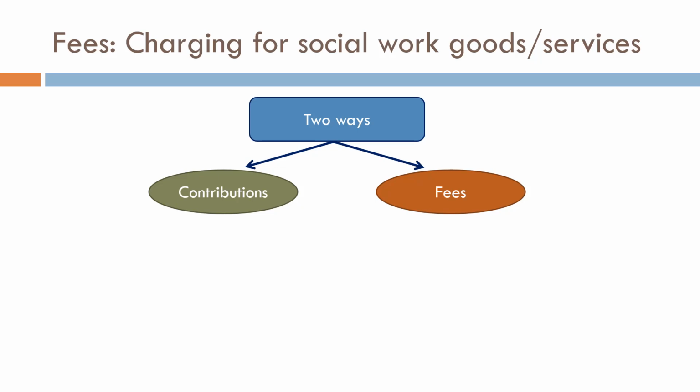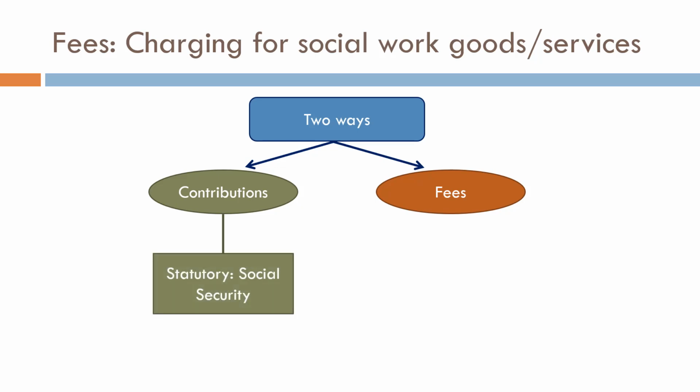In terms of contributions, we refer to these mostly as statutory, meaning that they are public law. For example, Social Security, where when we work, we pay into that system. It's the law to do so. That's what makes it statutory. And then when we retire, we receive those benefits back.